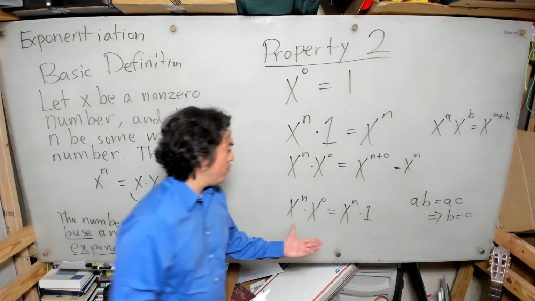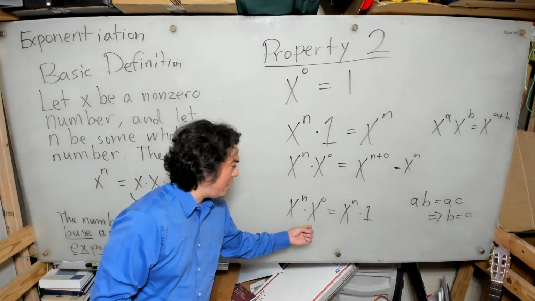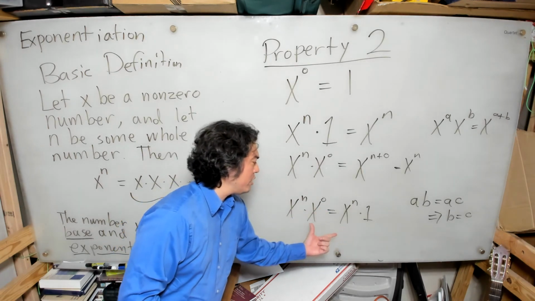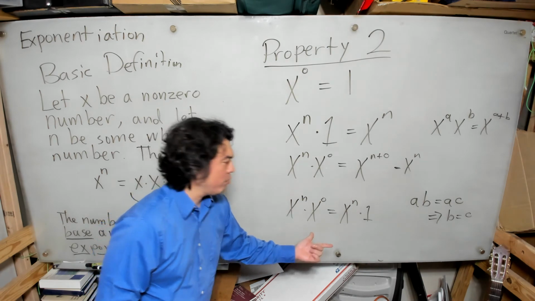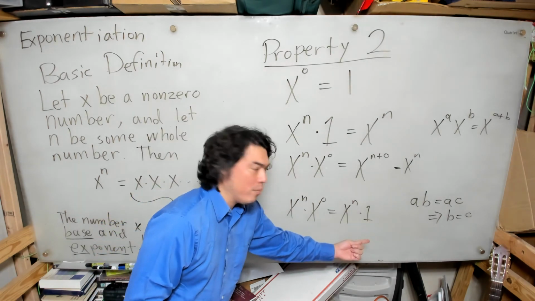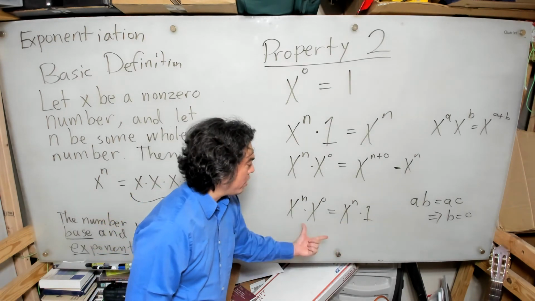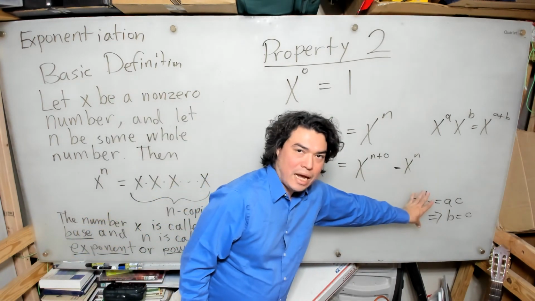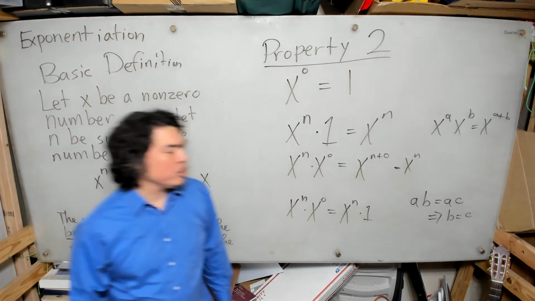And therefore, because x to the n and x to the 0 are real numbers, x to the 0 is presumably a real number, and 1 is a real number, then because of that property, we would get x to the 0 equals 1. But I don't want to go off into this abstract situation right now.